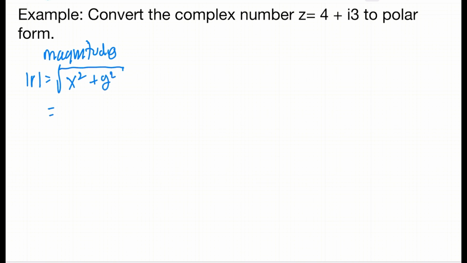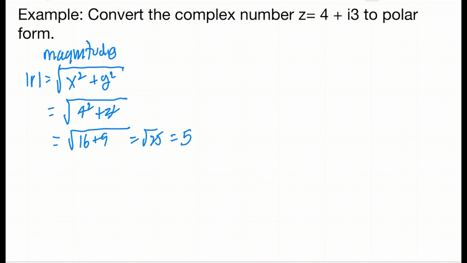So in this case, that's going to be the square root of 4 squared plus 3 squared, which is equal to the square root of 16 plus 9, which is the square root of 25. That's equal to 5. So the magnitude of our polar coordinate complex number is 5.